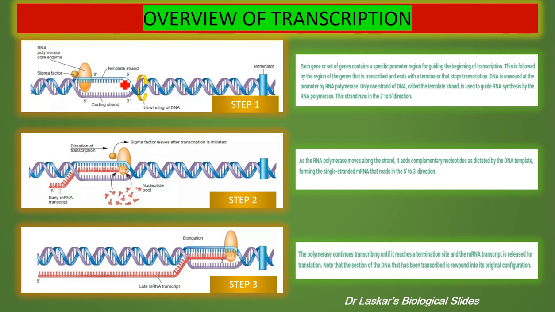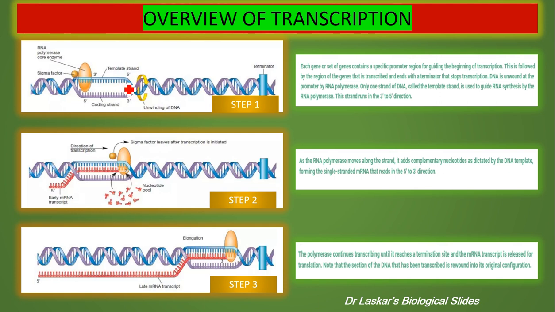The 3' to 5' DNA strand, this one you can see, from which RNA is transcribed is called template strand, and its complementary strand having polarity 5' to 3' is called coding strand or sense strand, or it is also called anti-template strand.